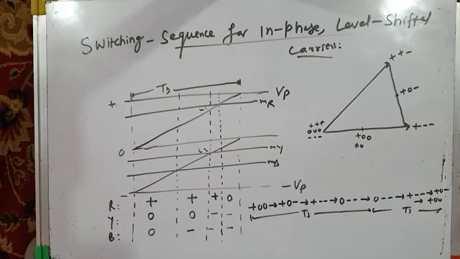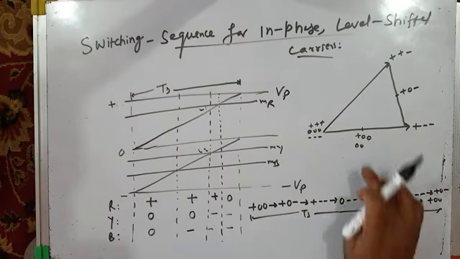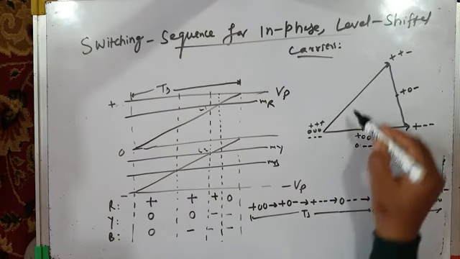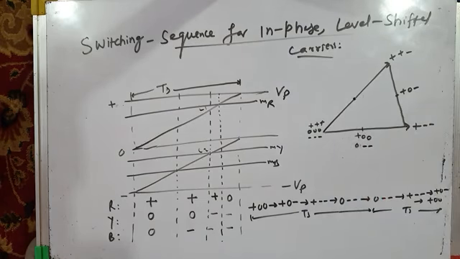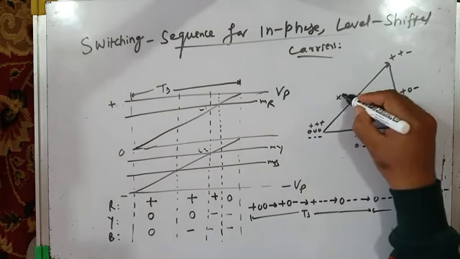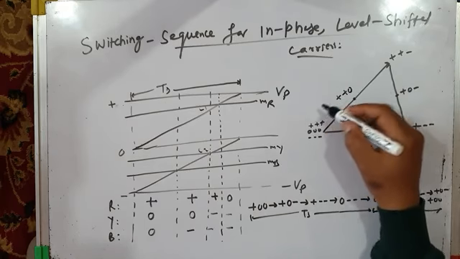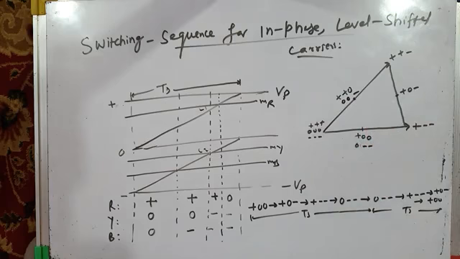Yeah, it is here. Plus 0 0, 0 minus minus. Sorry, 0 minus minus. और एक वेक्टर आपका यहाँ पे है, which is plus plus 0. Okay, right?